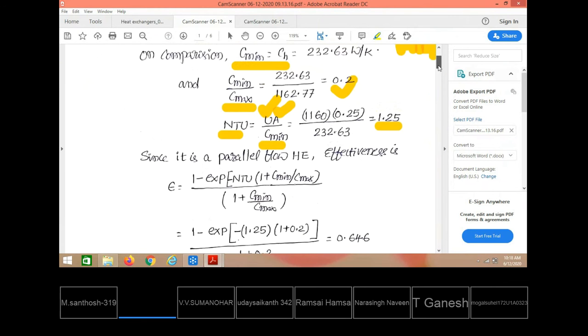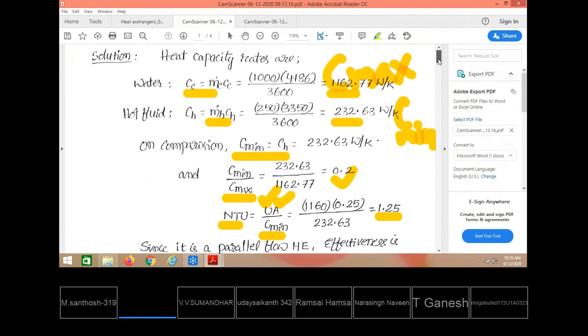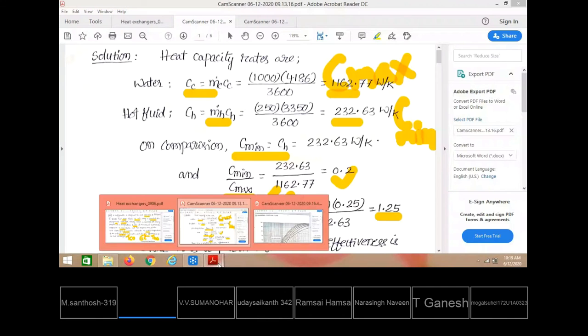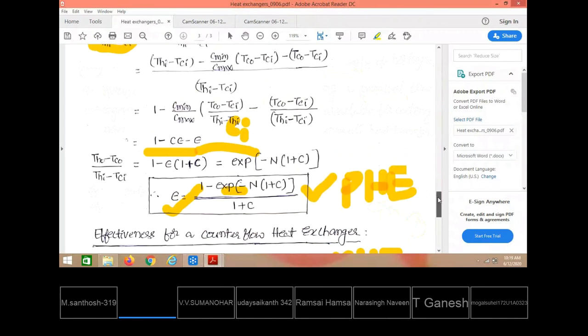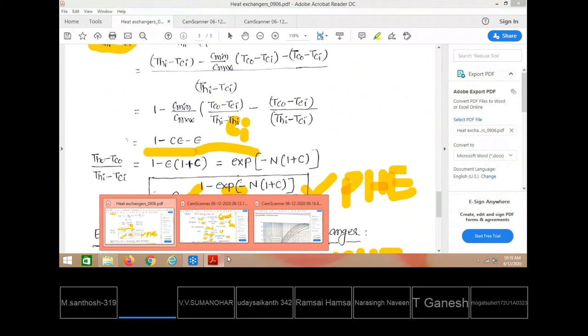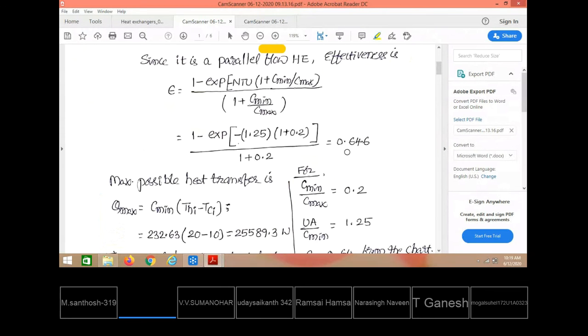Knowing NTU and C minimum by C maximum, we substitute in the effectiveness relation of the parallel flow heat exchanger that we just saw: 1 minus exponential of minus NTU into 1 plus C minimum by C maximum, divided by 1 plus C minimum by C maximum. On substitution, the effectiveness value we get is 0.6646.